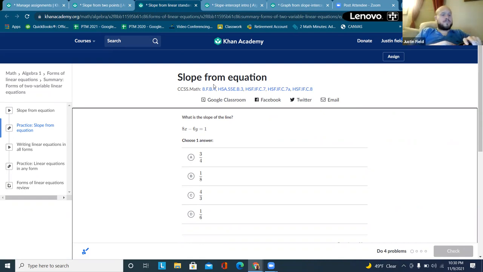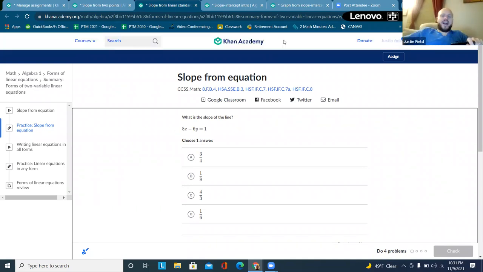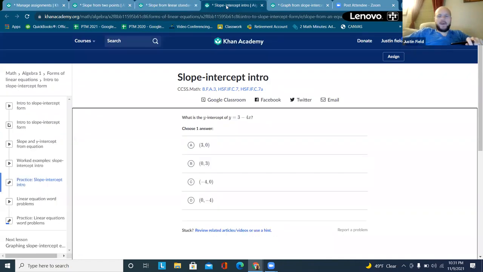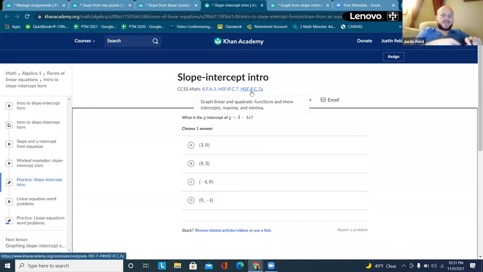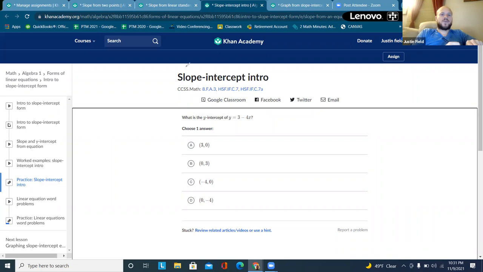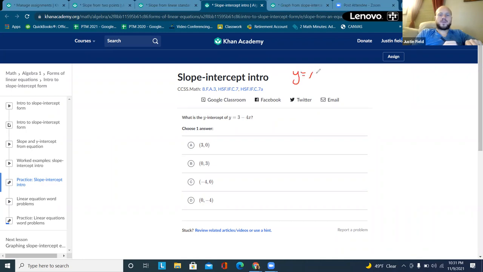All right, so now slope from an equation. Now, I don't know why they have it like this. I didn't show you slope-intercept form first. All right, so slope-intercept form is how you find the slope of an equation. Slope-intercept is y equals mx plus b.